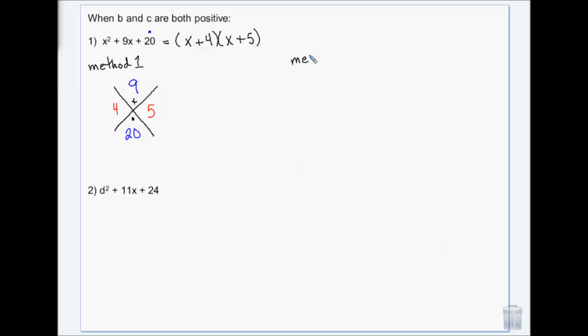Method 2 is to make a factor and sum table. Some people like the big giant X and some people like the factor and sum table. So I say factors of 20, and then there's sum. 1 and 20, well, they add up to 21. 2 and 10 add up to 12. 4 and 5 adds up to 9.